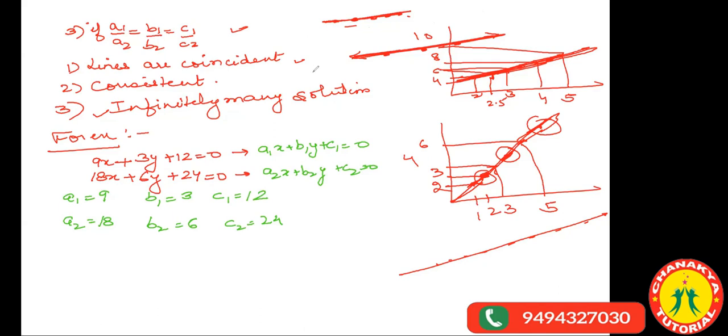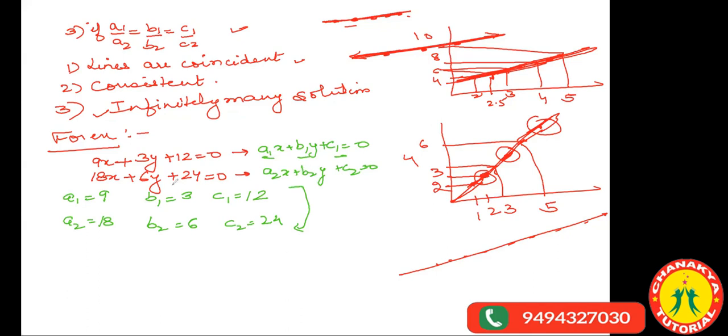Abhinav, can you please brief us how we will write the values of A1, B1, C1 and A2, B2, C2? I'm asking Abhinav how to write the values of A1, B1 and C1, not the fractions.